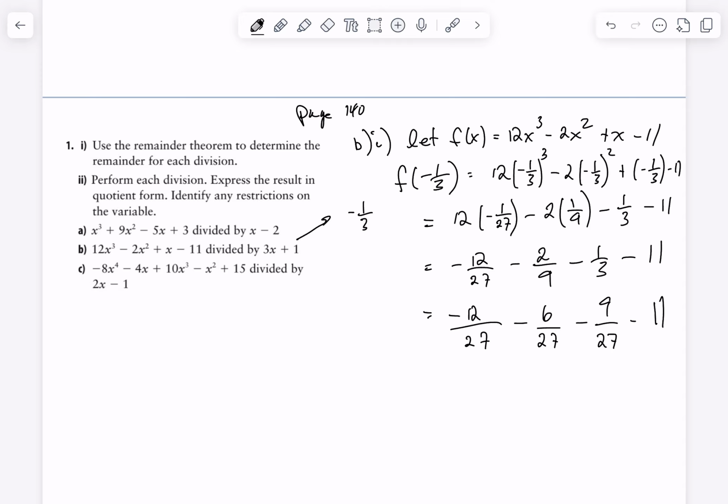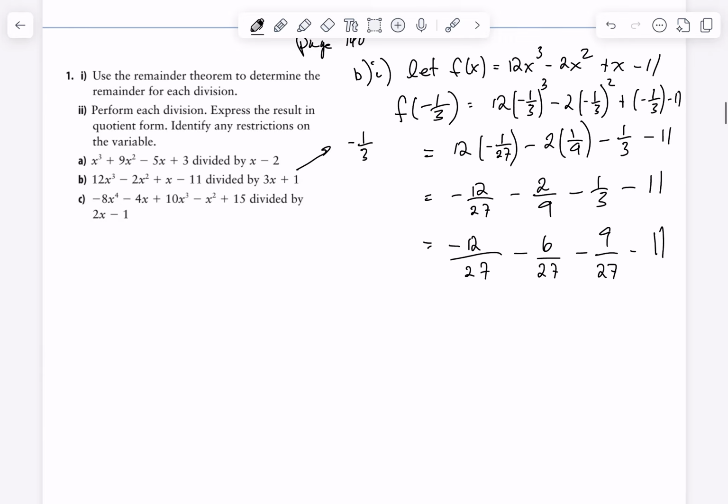We'll leave it as 11 for a second and see what we get. Negative 12 take away 6 is negative 18, take away another 9 is negative 27 over 27. Minus 11, which is negative 1 minus 11, which is going to be negative 12 remainder.